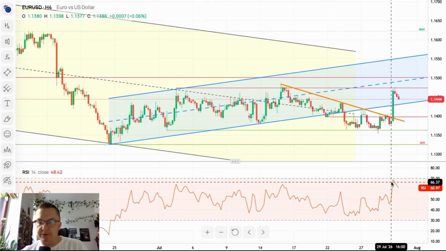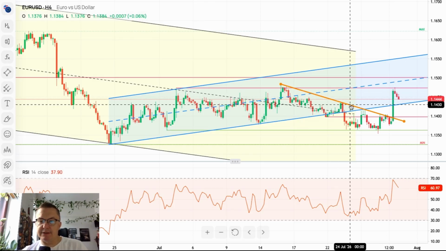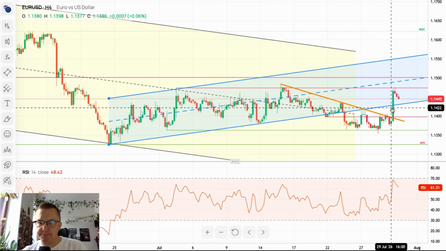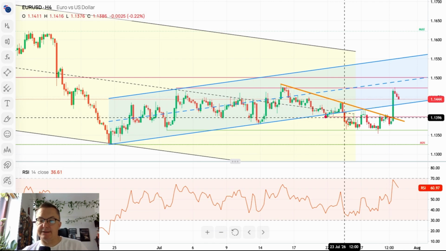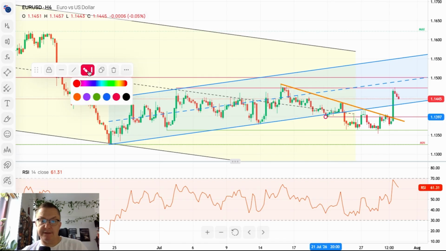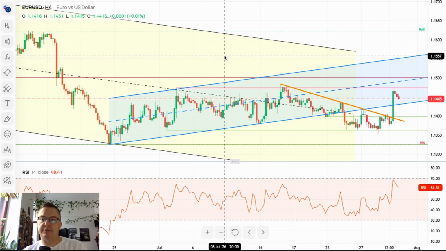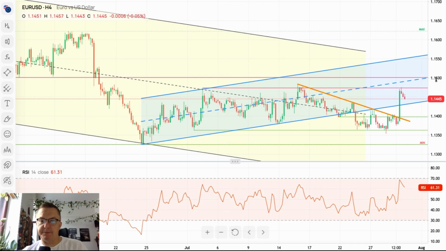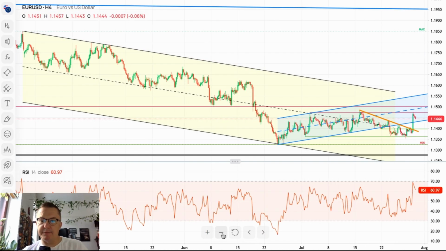Now it's pulling back from the extremely overbought conditions. Nevertheless, it still seems like the market doesn't know where it wants to go. Nevertheless, any kind of change of the rhetoric in the Fed is showing us a big movement to the upside that the market participants should be ready for.